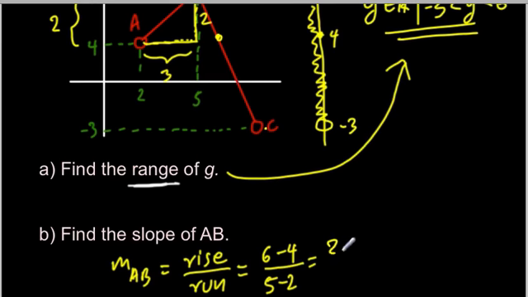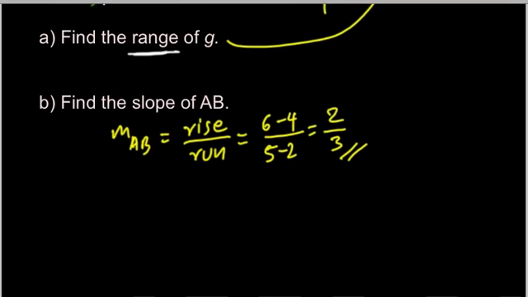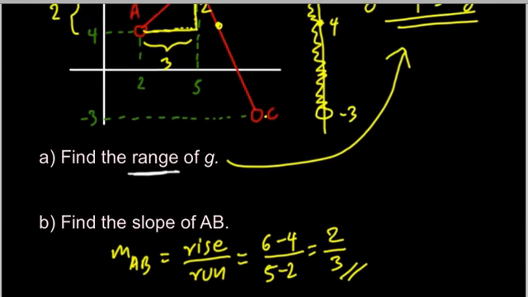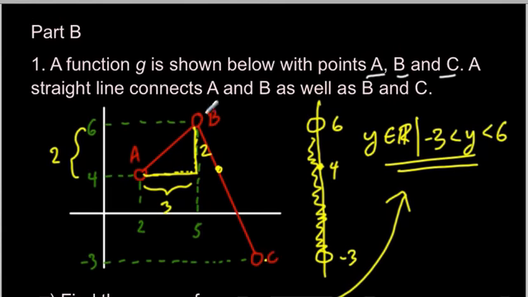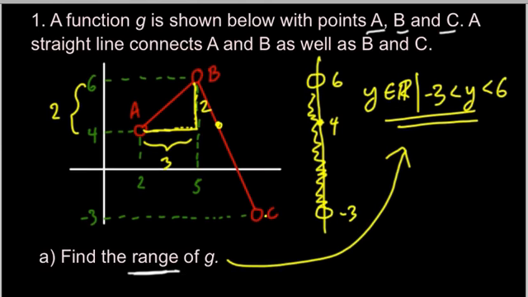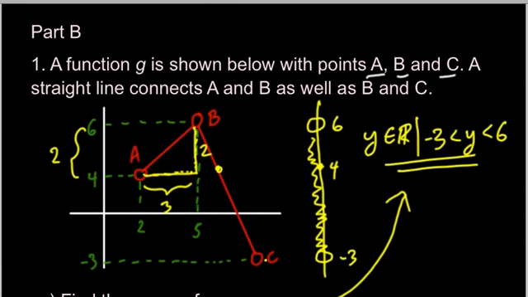So in other words, it's 2 over 3, and that's it. That's your solution. You don't have to add anything more than that. So remember how we got our rise over run? We just look at these 2 points. The rise was 2, the run was 3, so therefore it's 2 over 3, and that's our solution for the slope. Okay, there's actually more to this question, so let's go to the next part.